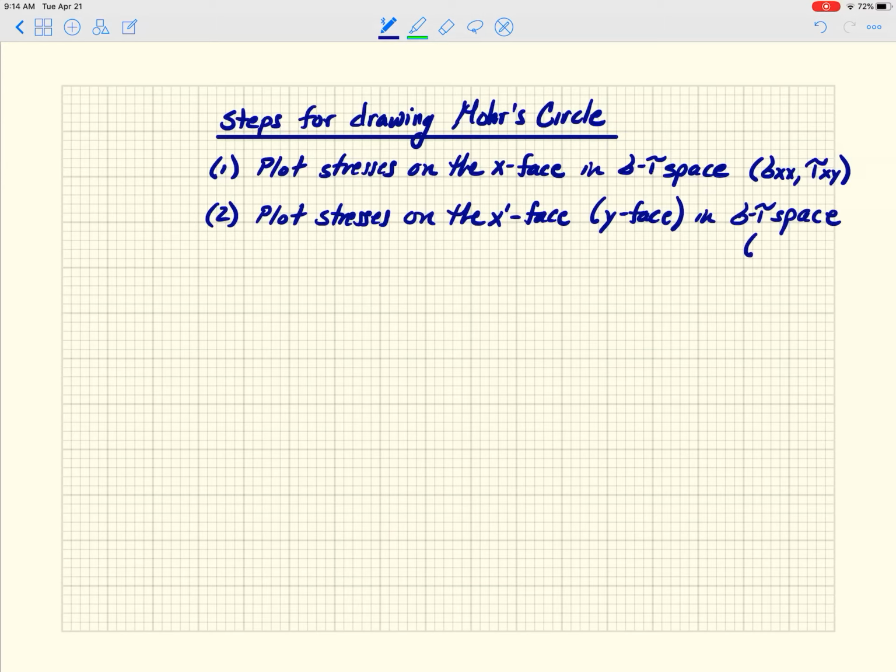And this is now sigma yy, minus tau xy. And again, it's the minus because once we do this coordinate transformation to x prime face, the sign of the shear stress flips.